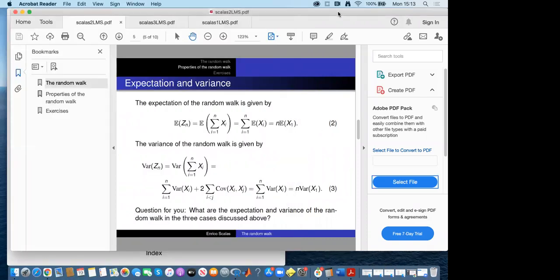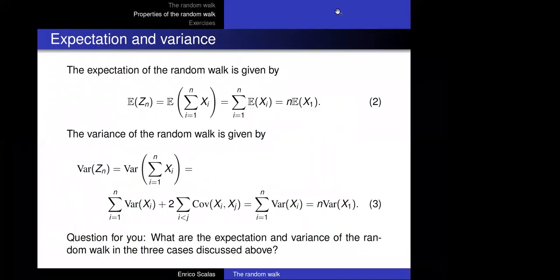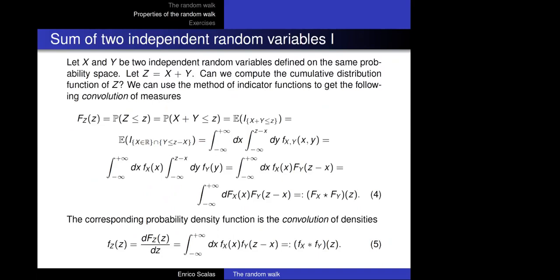You can really compute exactly, meaning analytically, the distribution of Zn for any n. You just have to remember that the sum of two independent random variables has a distribution that can be computed, and this is indeed the convolution of the distributions of the two random variables.